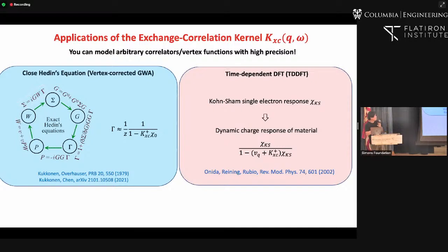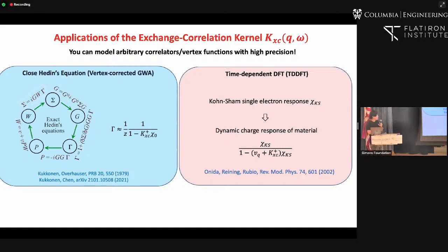In addition to that, you can take this exchange correlation kernel and combine it with the Kohn-Sham solution to derive the density response function for real materials. So then you can predict dynamic charge response of real materials.